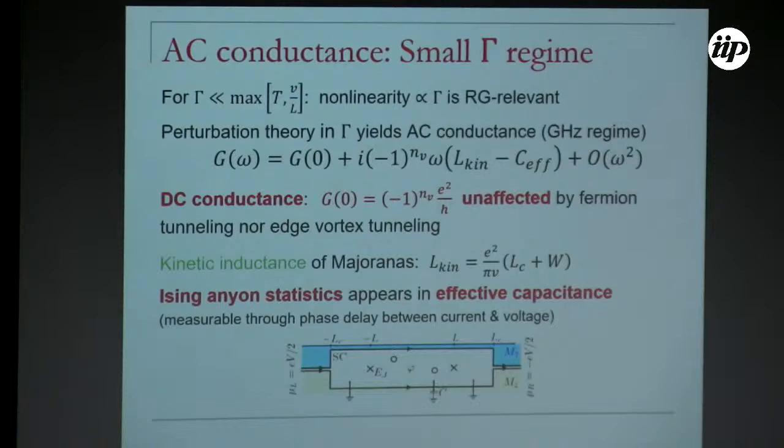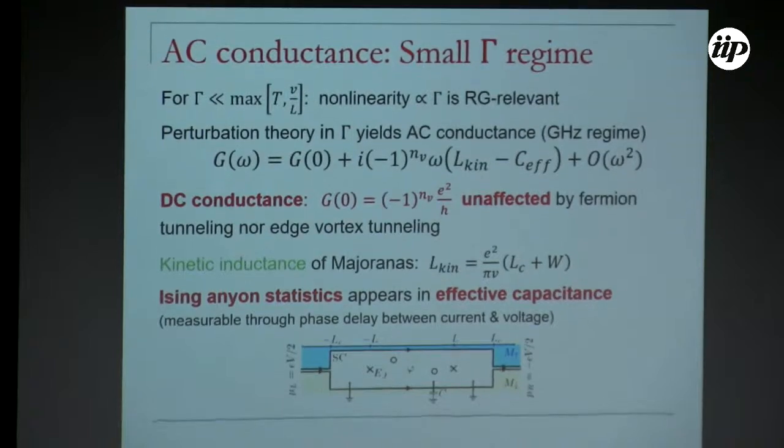You divide both of them, get G of omega, and you look at the leading term in omega. The DC conductance will not tell you anything, but the AC conductance, so the leading term in omega, should have this structure. So from that, basically, you measure the phase delay between the current and the voltage, and thereby you can extract this effective capacitance.